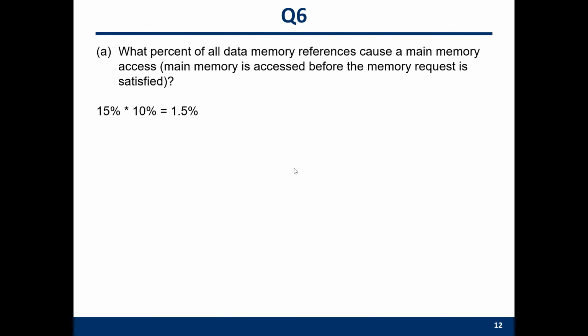And the L2, so this 15% miss will go to L2. Among this 15%, 10% miss rate, 10% will actually generate a miss and will go to the main memory. Any question on this?